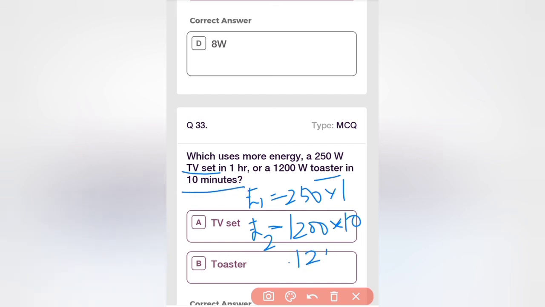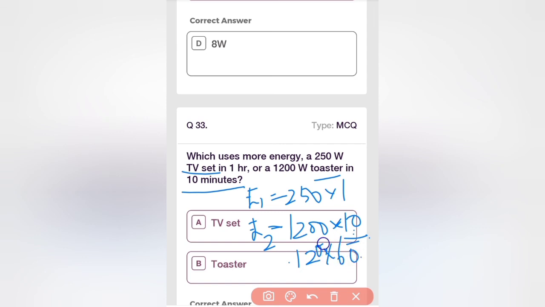Oh, sorry, it is given in minutes. We have to convert it into hours. So how do you convert minutes to hours? Or else, since this is in minutes, we need to convert it into seconds, and minutes can be converted to seconds by multiplying with 60.